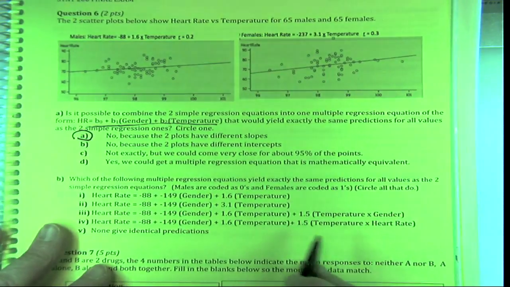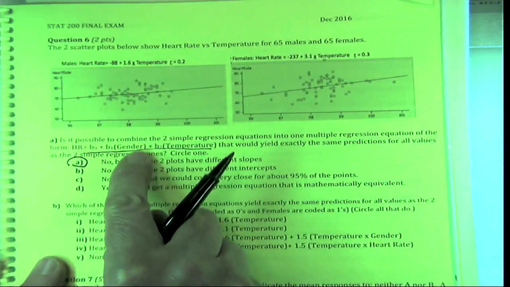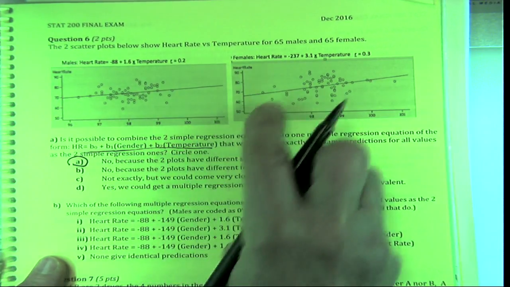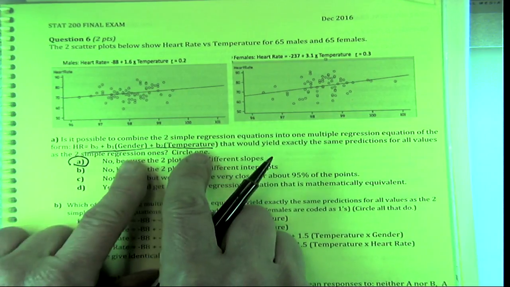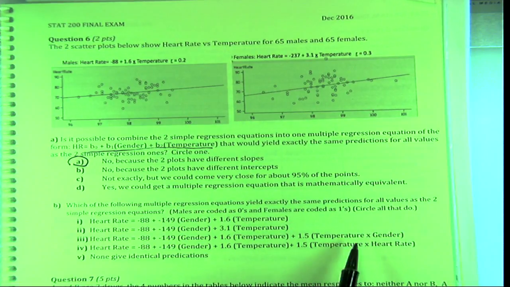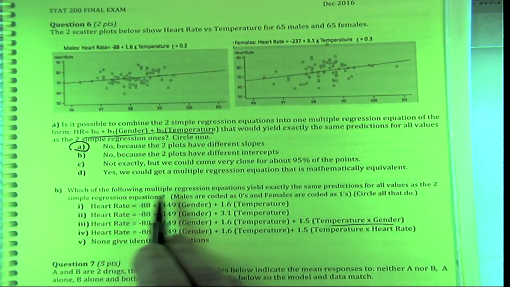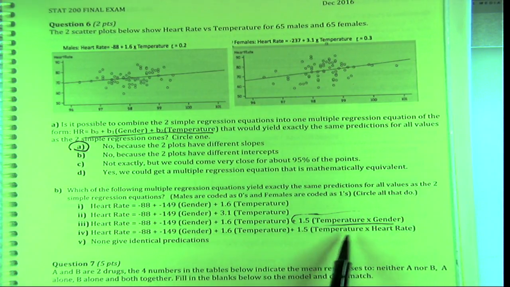An interaction term would be gender times temperature, so that you have a different slope for the two depending on gender. It has to have this interaction term; this one doesn't make sense.